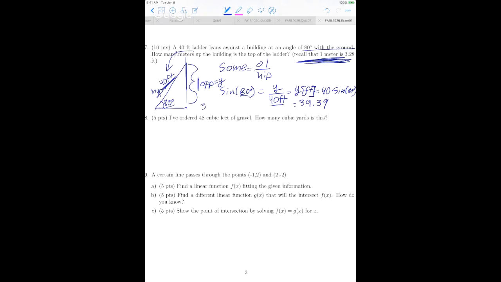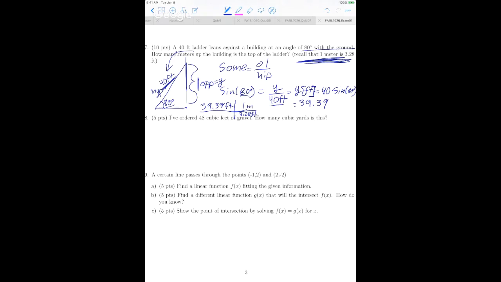Okay, so now I have this problem. 39.39 feet times, well, 1 meter is 3.28 feet. 3.28 feet, 1 meter.